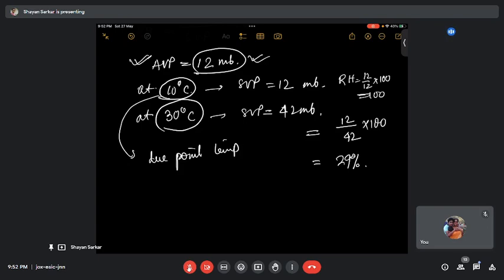So the temperature at which saturation occurs, or relative humidity is 100%. Yes or no? What is dew point temperature? So dew point temperature indicates a specific temperature at which saturation occurs, that is, 100% relative humidity will form.